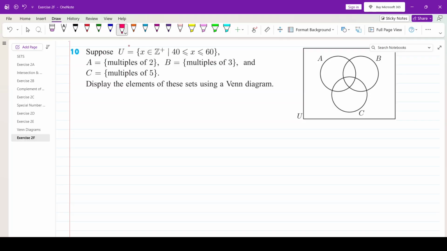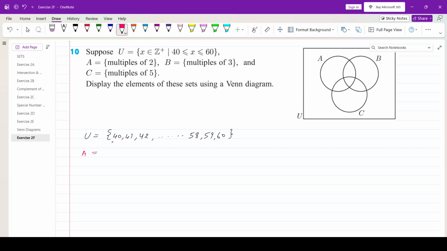Suppose universal set is a set of all positive integers between 40 and 60 containing both of them. So let's write U, that is universal set, is 40, 41, 42, and so on till 58, 59, and 60. A is a set of multiples of 2.